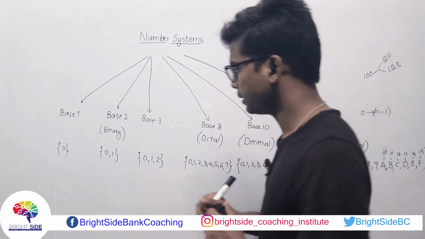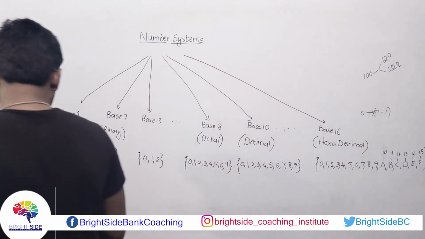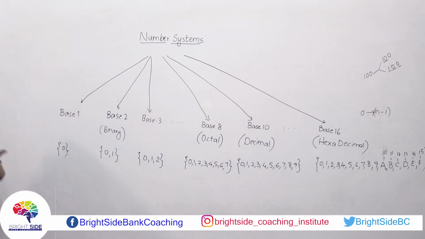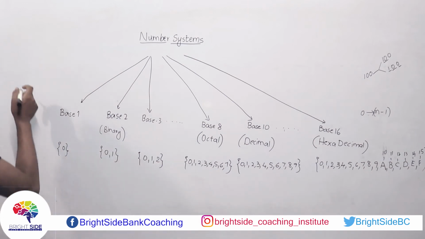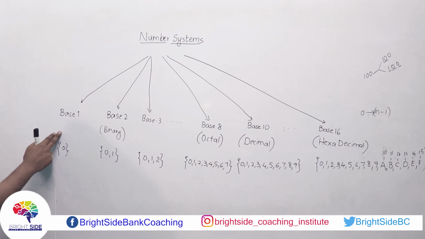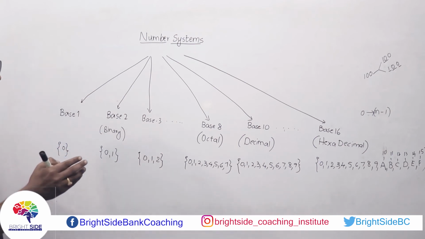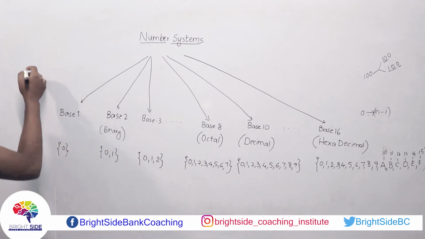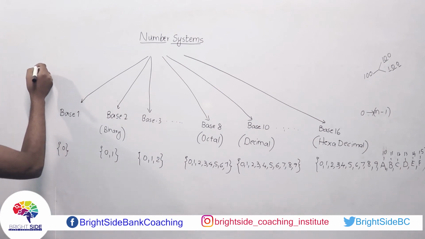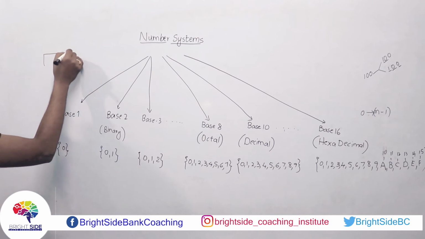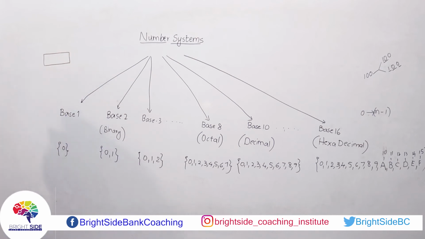So if you wonder where base 1 is used, I'll take an example and tell you. Base 1 was actually used in primitive ages, in the stone ages. Let us suppose this is a farm.